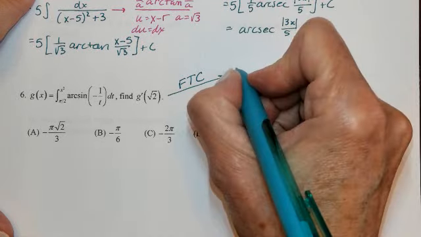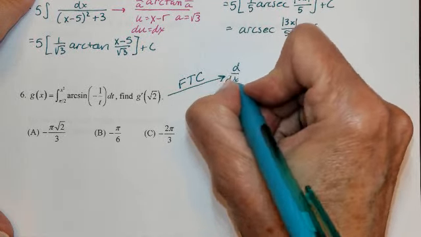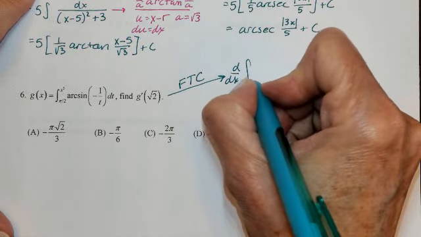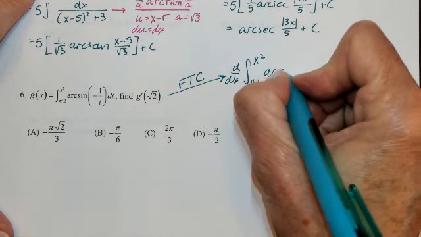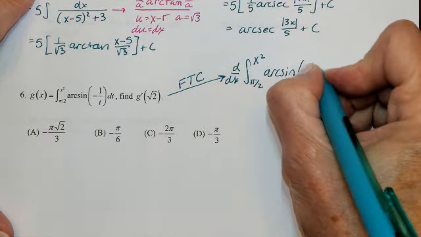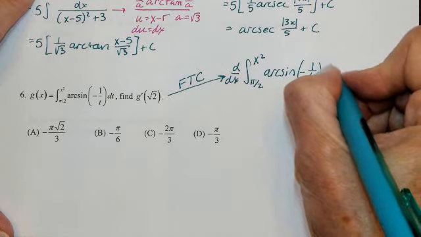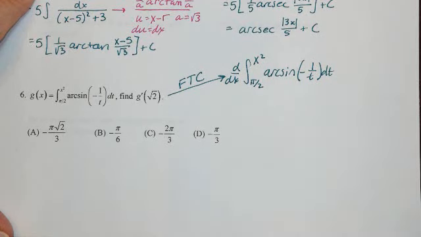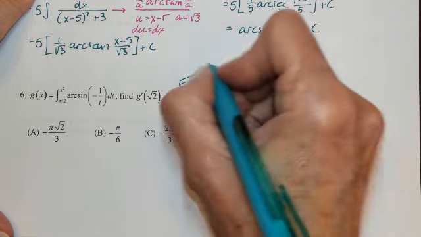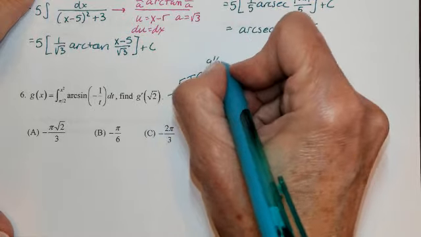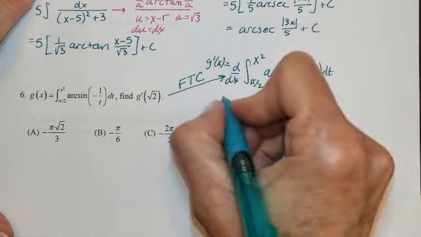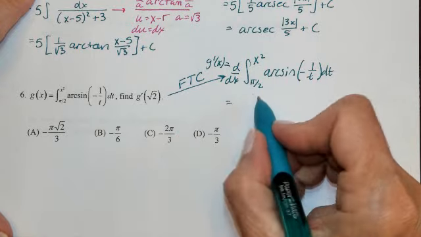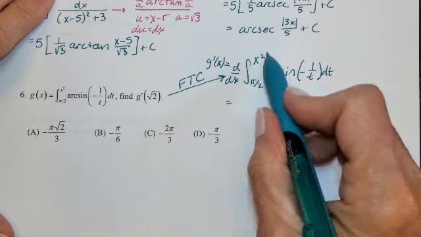So we're taking the derivative of this integral. Okay? And that's going to be, I didn't say it, but that's going to be g prime of x. Alright? So this is now equal to, alright, let's remember the fundamental theorem.